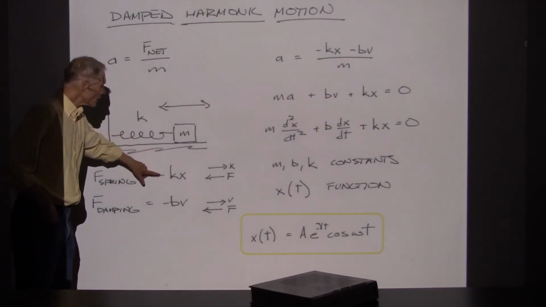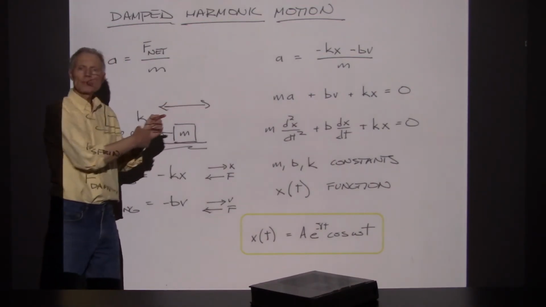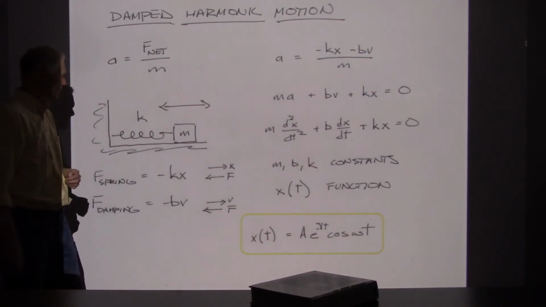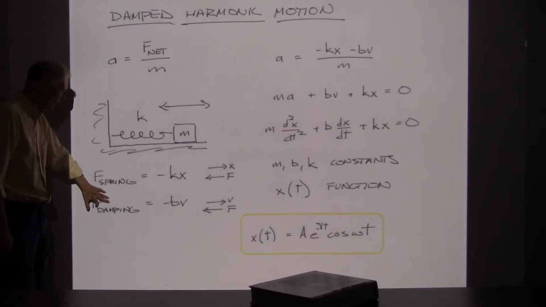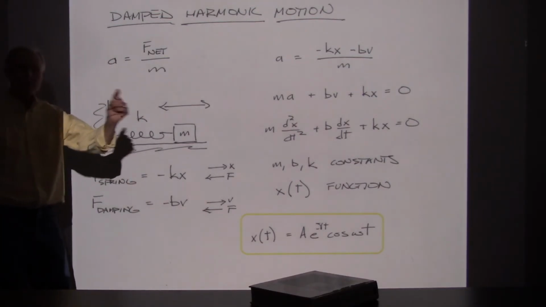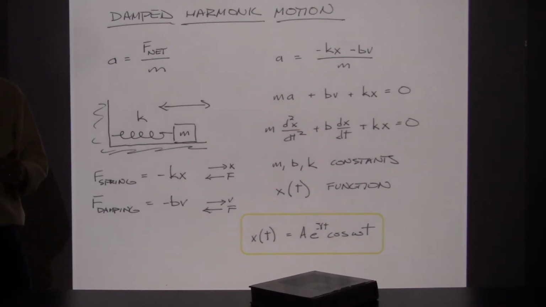And negative means that the force and the displacement will always be in opposite directions. The force is always going to be opposite to the displacement. Now, we're going to add in what we call a damping force. And damping forces are opposite the velocity. Now, we're going to say it's directly proportional. That's a bit of an idealization.